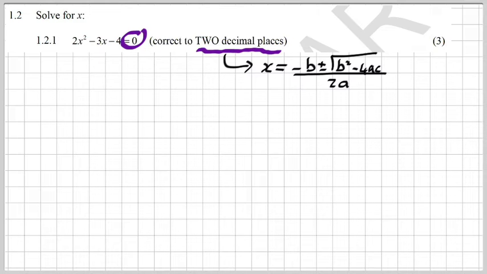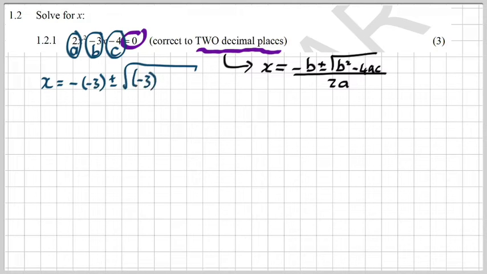So if I've got that, I know that I've got a, b, and c given to me in the equation. Again, only because it is equal to 0. So if I go to my formula, x equal to negative b plus minus the square root of b squared minus 4ac, over 2a.